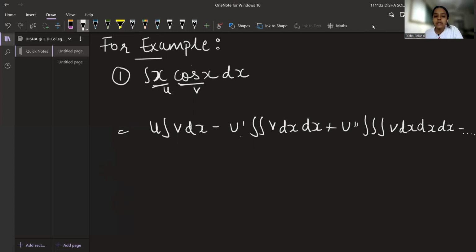If it needs, then you can take the fourth derivative also. So here our u is x, so I will put it here. V is cos x, so cos x dx, minus the derivative of x. The derivative of x, as we all know, is 1. Then integration of cos x, that is sin x.